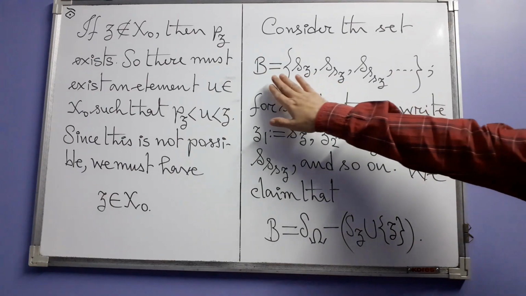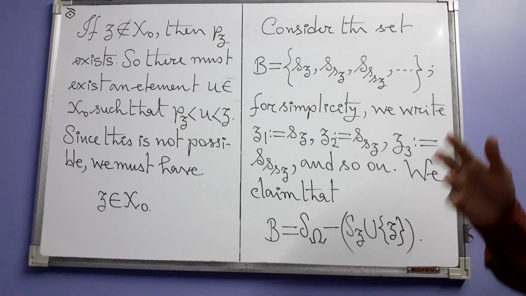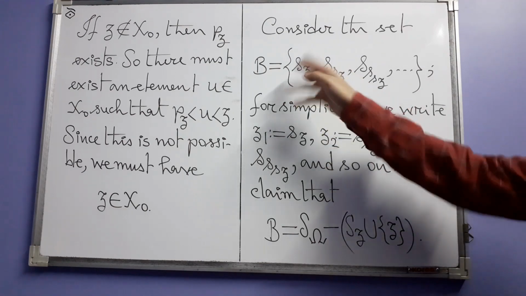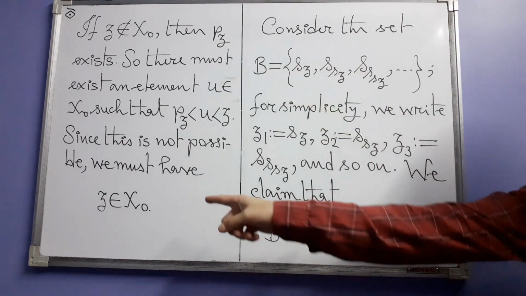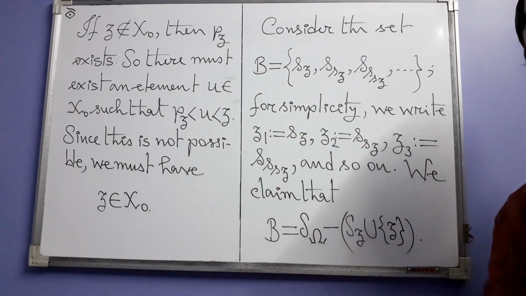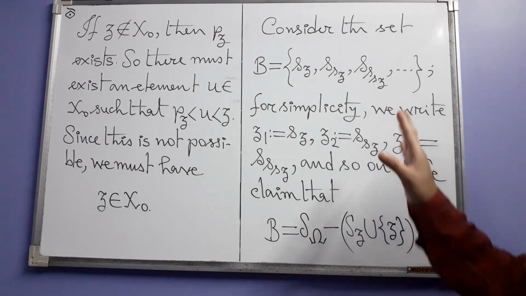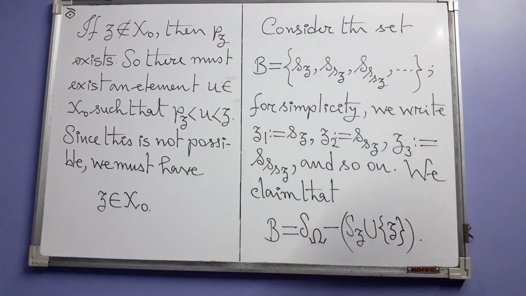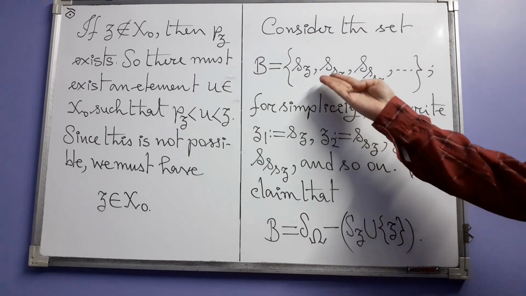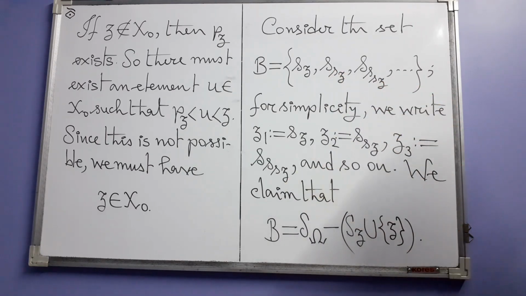Okay, so the set of such successive immediate successors is B, and it starts with the immediate successor of Z. Okay, so there is now no doubt about existence of B, and of course this notation quickly becomes unmanageable.